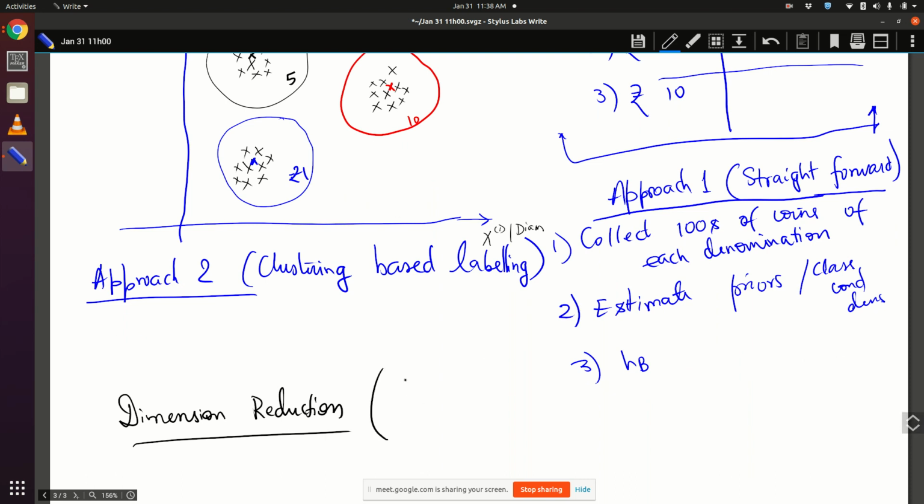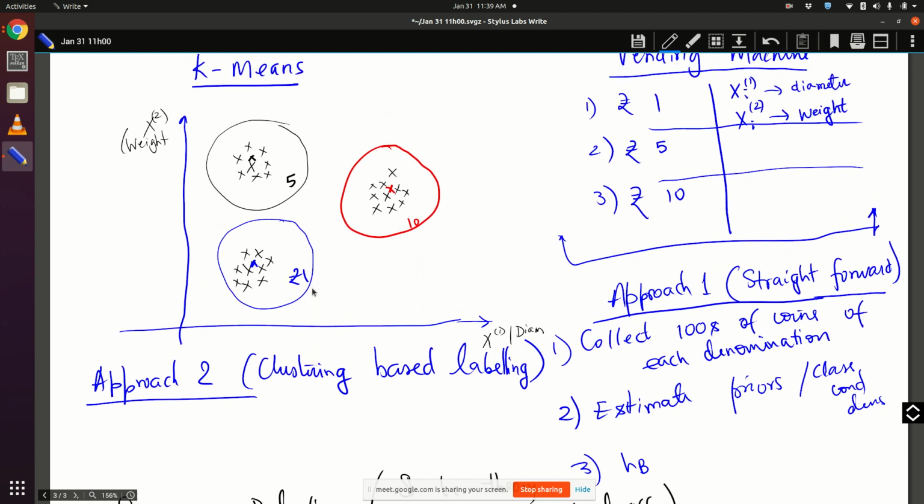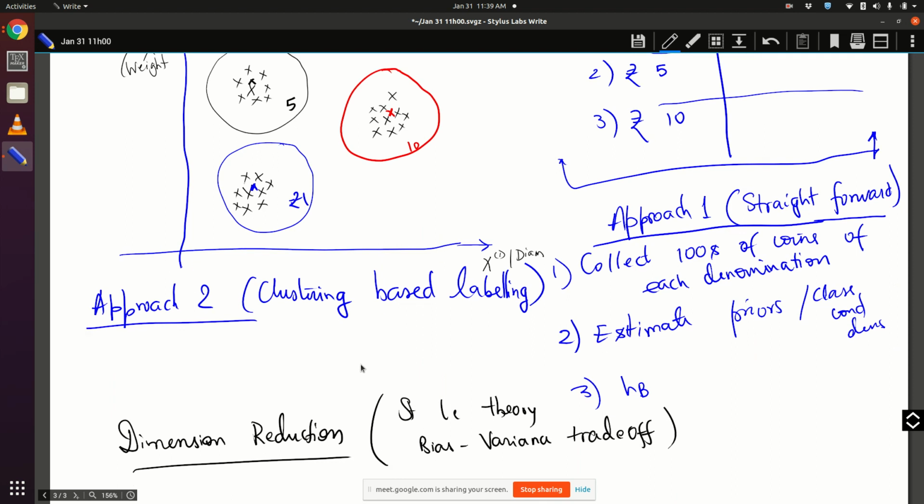When we come to statistical learning theory, or when we do the bias-variance trade-off, you will understand the benefit of doing dimensionality reduction. So there are benefits of doing clustering on its own, for labeling and for dimensionality reduction.